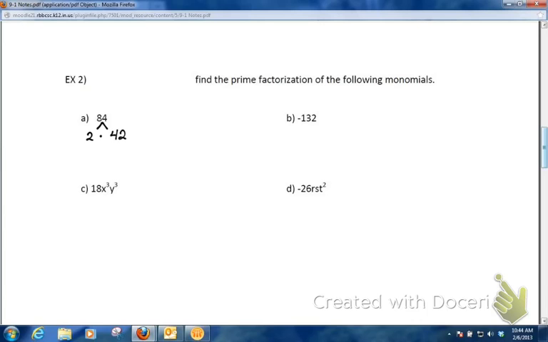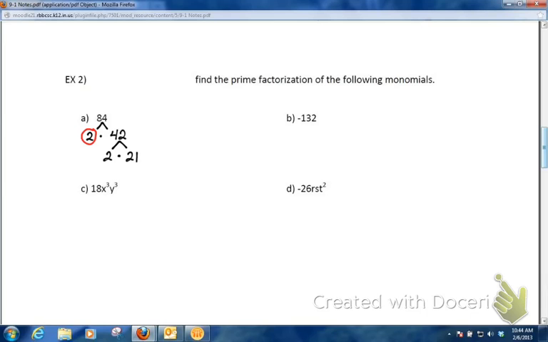What I also recommend you do when you're doing this factor tree is circle the prime numbers that you get. 2 is obviously a prime number, so I'm going to circle it. 42, however, is not a prime number, so I'm going to break it down, and maybe I use 2 again. So I say 2 times, what is that, 21?